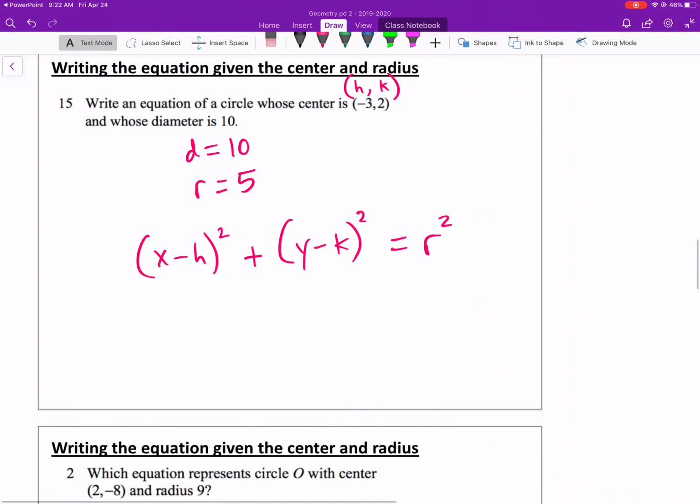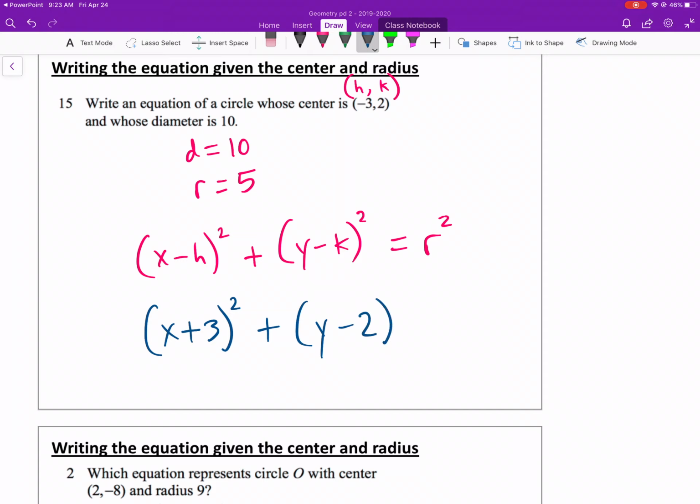So as we substitute here, h is negative 3, so we have to write positive 3, so x plus 3 squared plus y. The k value is 2, so you have to negate that, so minus 2 squared is equal to 5 squared, which is equal to 25. So I wouldn't write 5 there. You could write 5 squared and then write another line to show how 5 squared becomes 25, but make sure that your final equation has 25 and not 5.